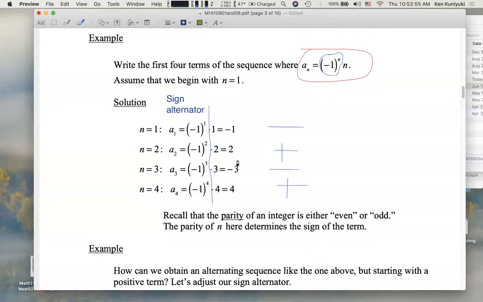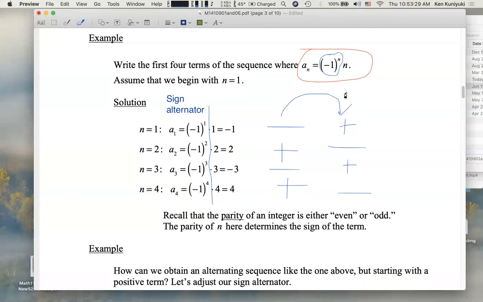So what do we do if we want to change these to positive, negative, positive, negative, assuming the same absolute values? What do we do to get from here to here? Well, if I give you something that's negative, what do you multiply by to flip it over to positive in such a way that you have the same absolute value, which is the n here?